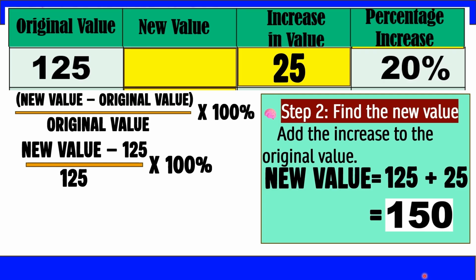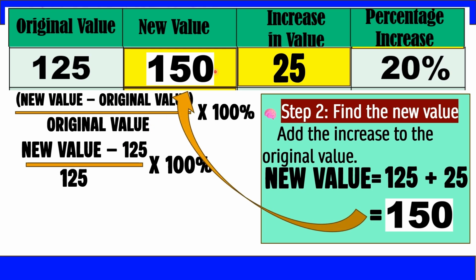Then 125 plus 25 is 150. Therefore, the new value is 150. Again, in this table, our original value is 125 and new value is 150. Then the increase in value is 25. And the percentage increase is equal to 20%.